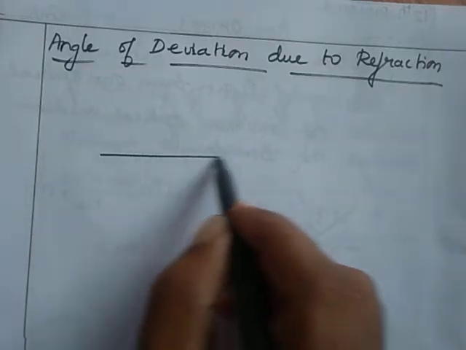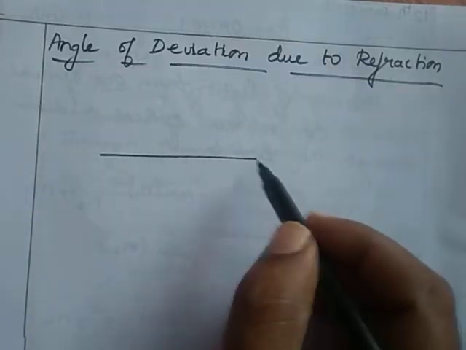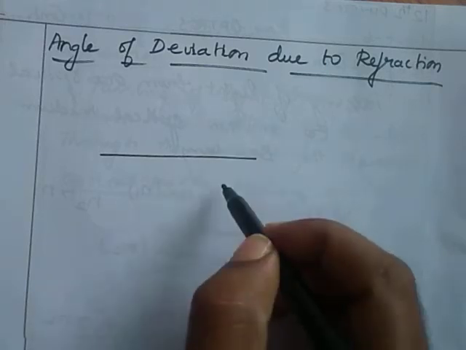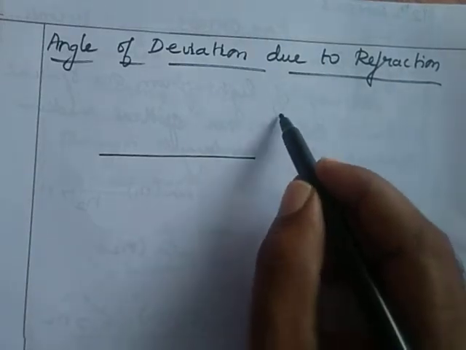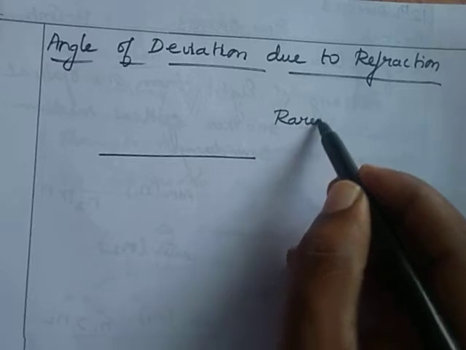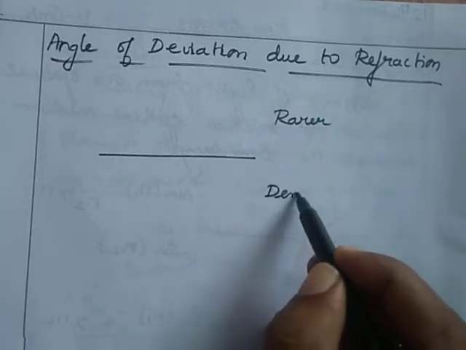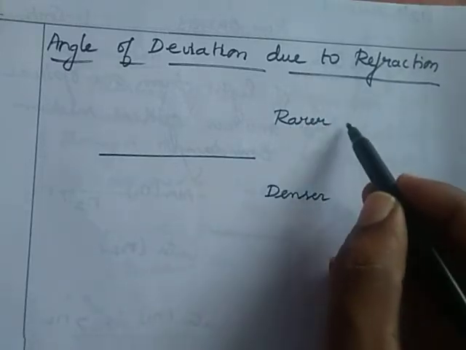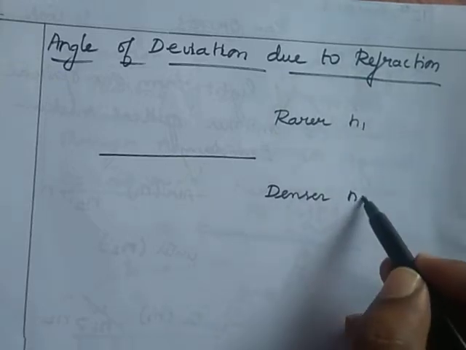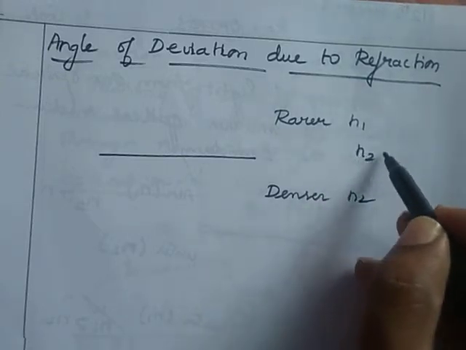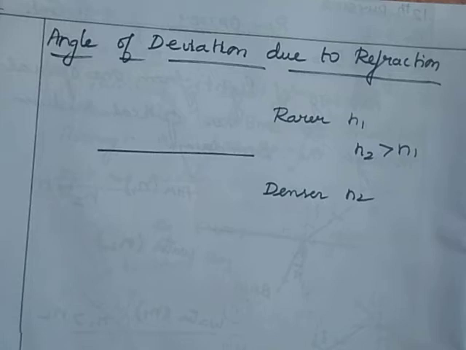First of all, I consider a boundary. This boundary separates two layers. One is the rarer medium, one is the denser medium. Here the refractive index is n1, here it is n2. We know n2 is greater than n1.